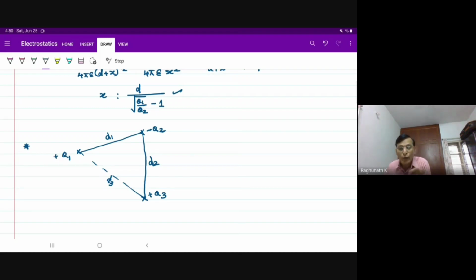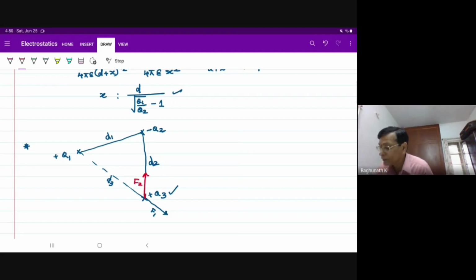Now, if you want to calculate the force acting on any of these charges, say Q3, what do I have to do? To determine the force on Q3, I should know the force on Q3 because of Q1, and the force on Q3 because of Q2, an attractive force, F2.